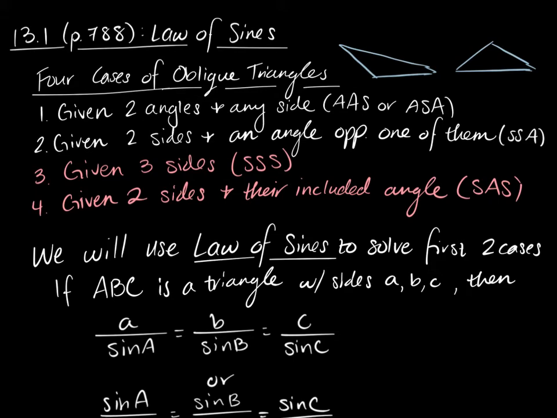The reason we're looking at those first is because we will use the law of sines, which is the focus of this lesson, to solve the first 2 cases. So we have to define what the law of sines is. The law of sines: if ABC is a triangle with sides a, b, and c, then a over sine A is equal to b over sine B is equal to c over sine C, where A, B, and C here, where my pointer is, are angles.